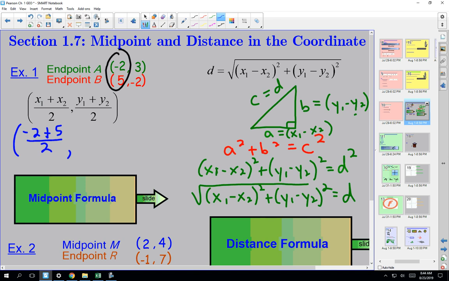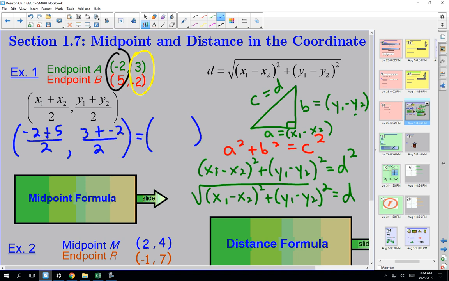And then we've got a comma. And then the other ones here, these two, those are the y coordinates. So we're going to pop those into the second part of the midpoint formula. So I've got 3 plus negative 2 divided by 2. And when I simplify each of those expressions down, I have the midpoint.